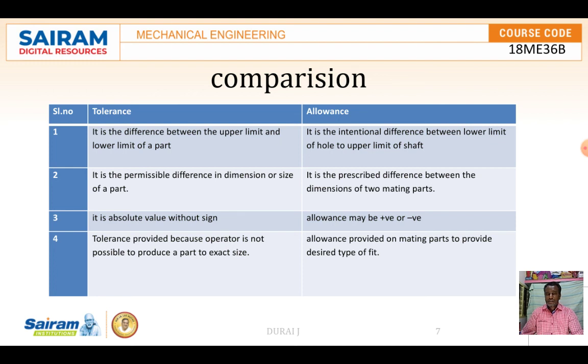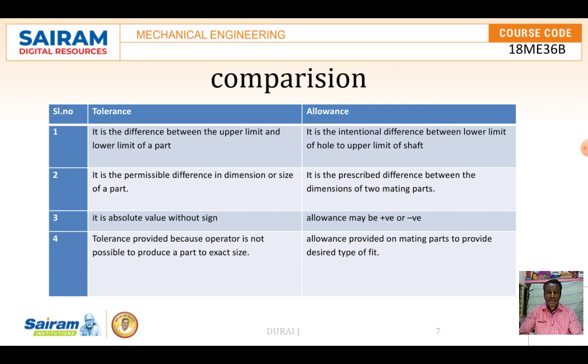But the allowance provided on mating parts gives the desired type of fit. Some components require a close fit or tight fit, which depends upon the power transmission or only the assembling. According to that the allowances may change.